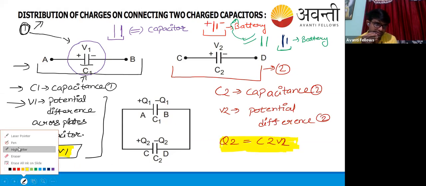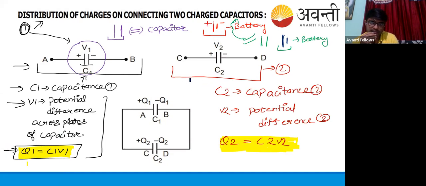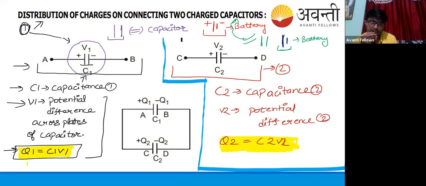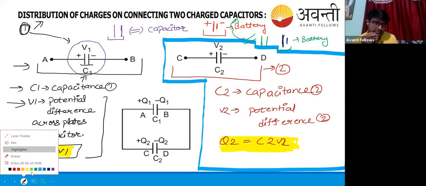So what conclusion can we draw from here? Basically I got two sets. I can conclude it like this, and here also I can say it like this.